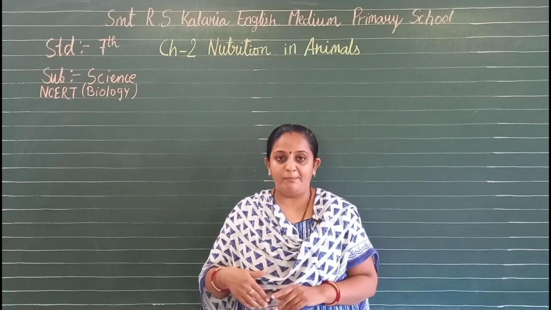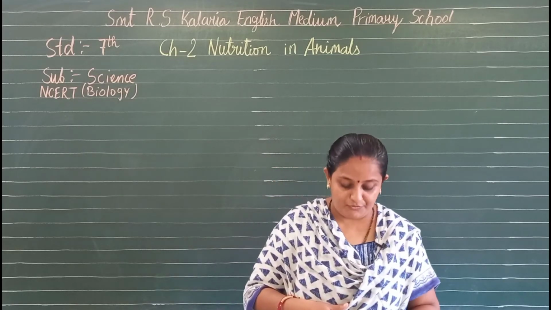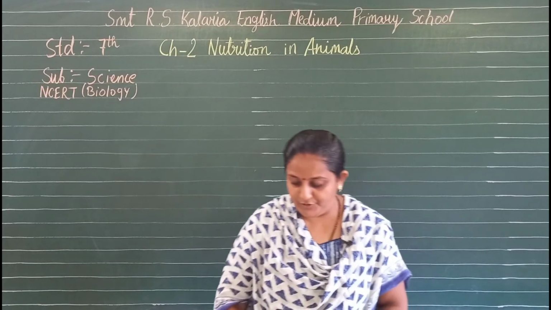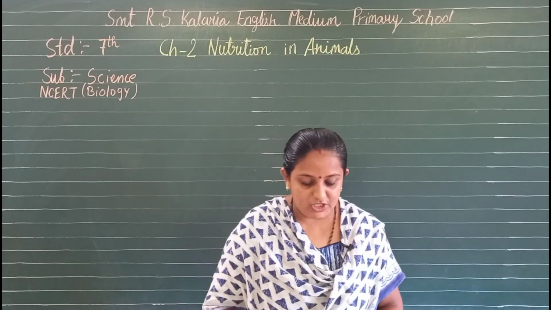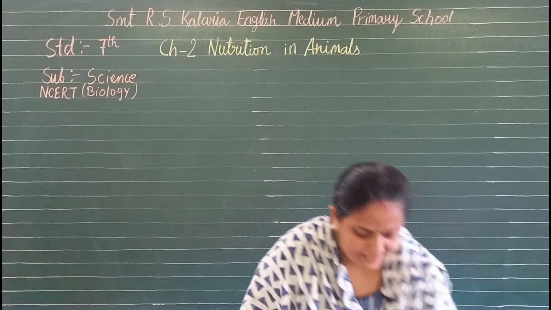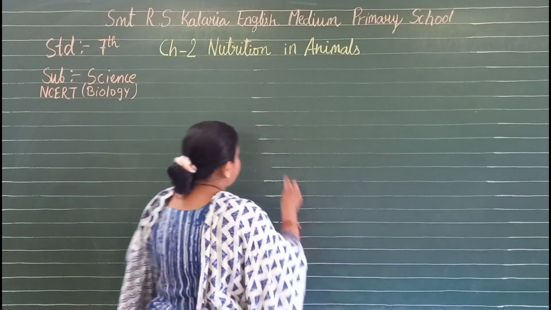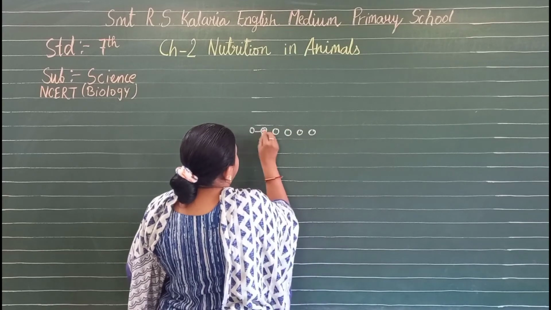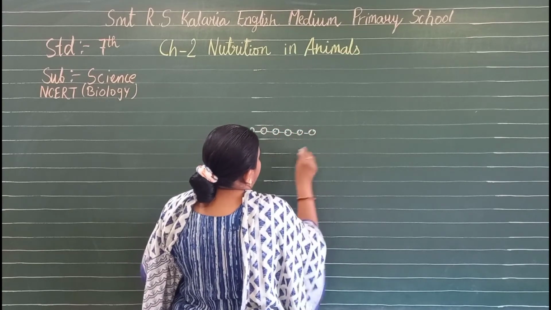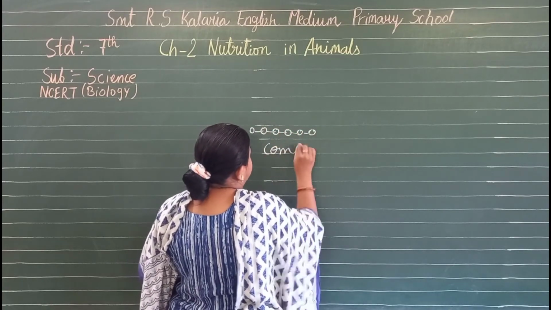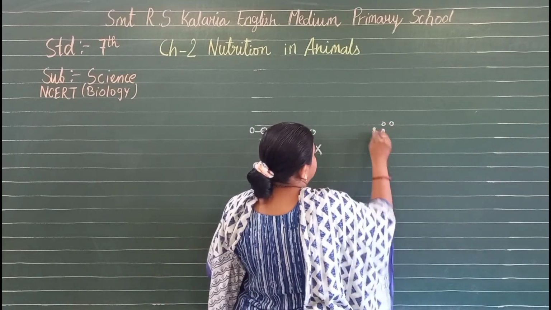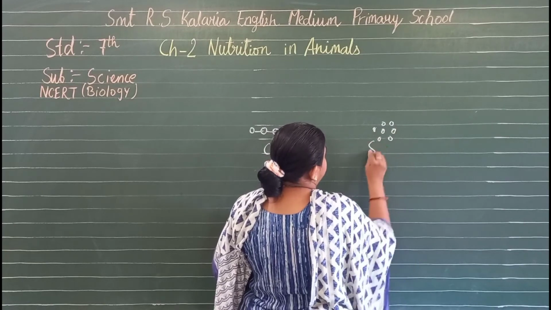The breakdown of complex components of food into simpler ones is called digestion. So suppose this is a complex substance of carbohydrate, it is joined together, and it is converted into a simpler one.